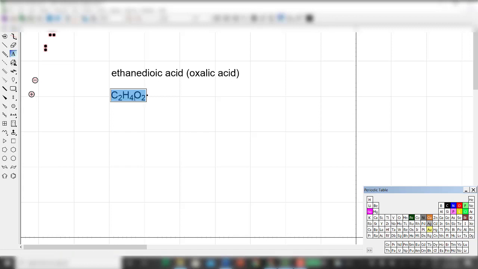For ethane dioic acid, the molecular formula will be C2H2O4. Sorry, it shouldn't be C2H4O2, it's C2H2O4. We call this the molecular formula. So what does a molecular formula mean? A molecular formula basically showcases the exact number of the different types of atoms that is present in ethane dioic acid.